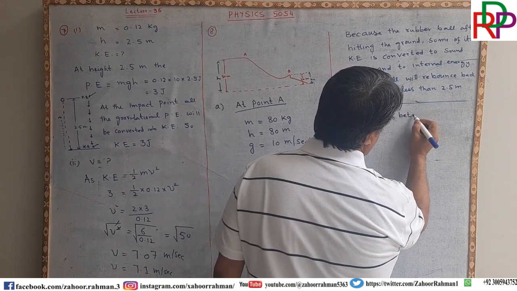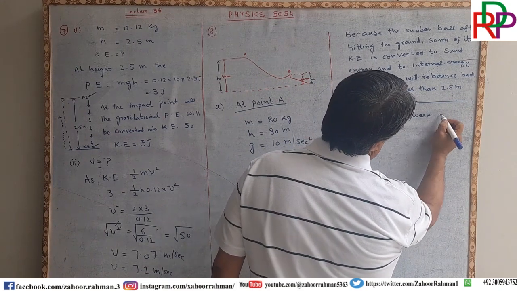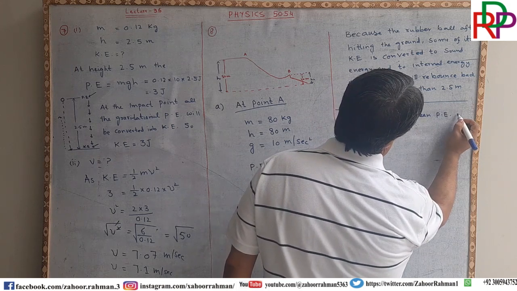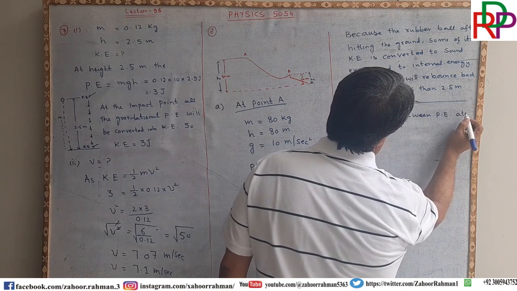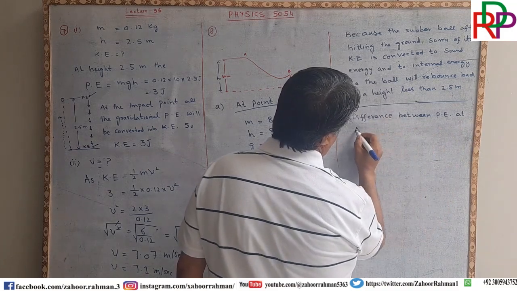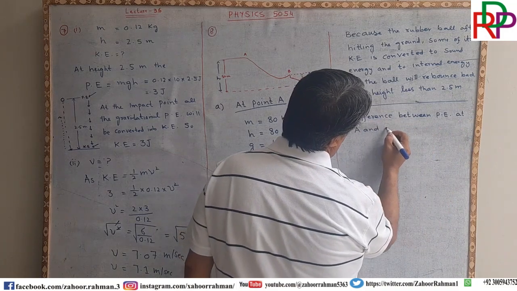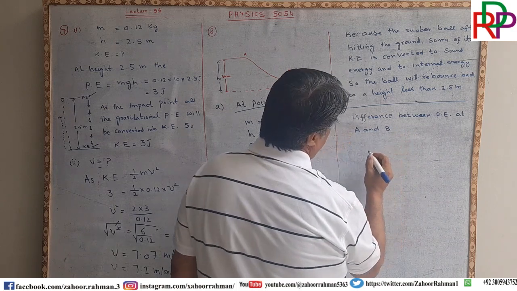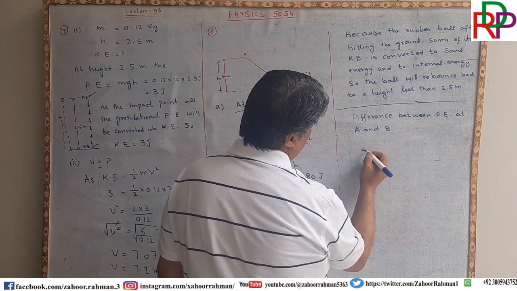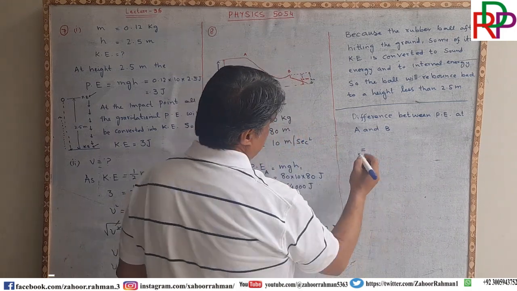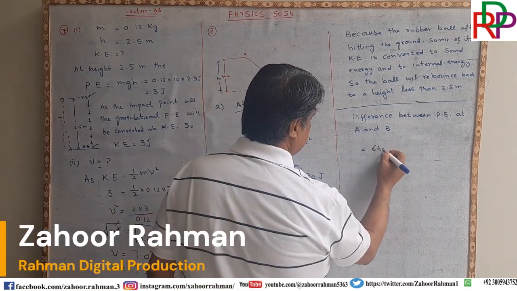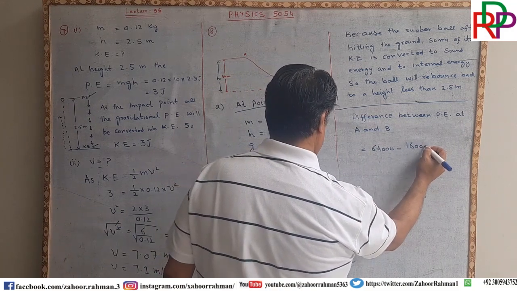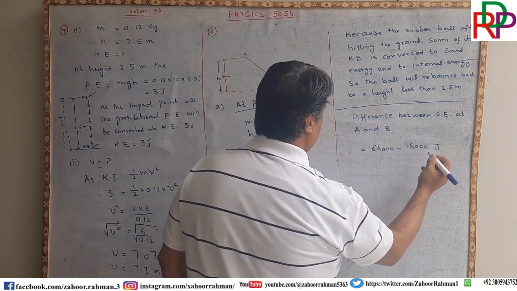Difference between potential energies at points A and B. So that will be equal to 64,000 minus 16,000 joule.